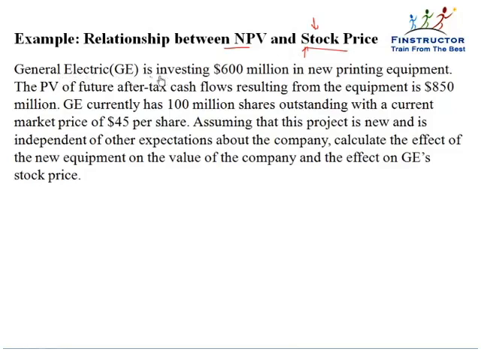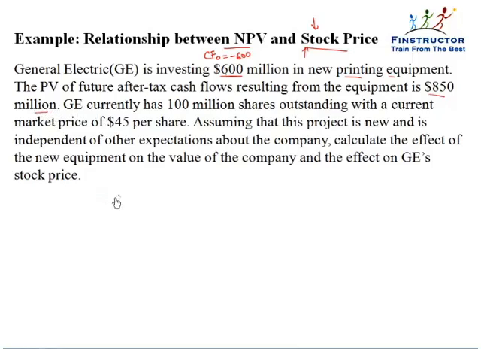So General Electric is investing $600 million in new printing equipment. This is the investment being made, the cash outflow. The present value of the cash inflows resulting from this equipment is $850 million.